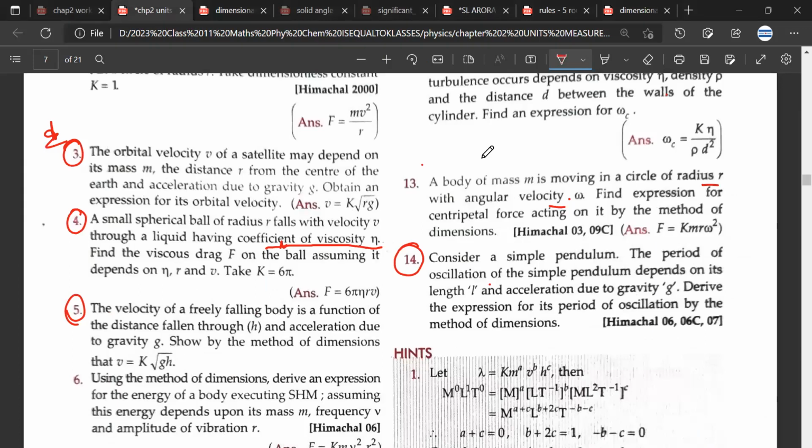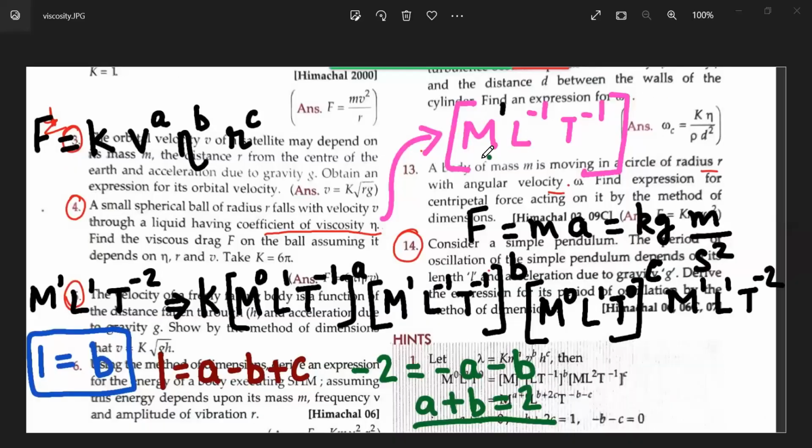Okay. So let us assume that I know the coefficient of viscosity. I've seen the table, and the coefficient of viscosity is M raised to power 1, L raised to power minus 1, T raised to power minus 1.